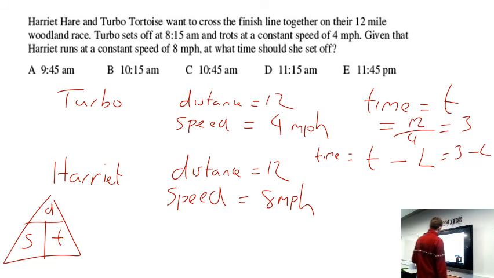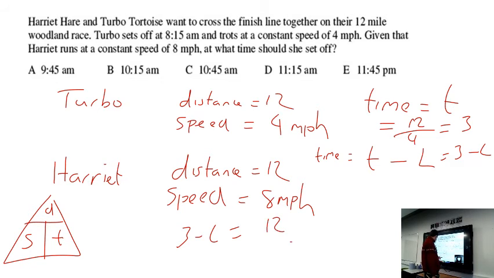Let's again relate things. I'm going to find the time in terms of distance and speed. So time here is 3 minus L. Distance is 12 over the speed. And here 12 divided by 8 is 1.5. Okay, so when I solve this equation, we've got 3 minus L is equal to 1.5.